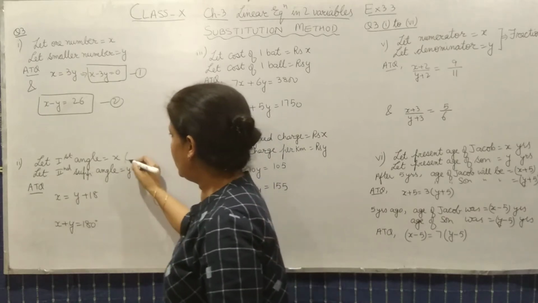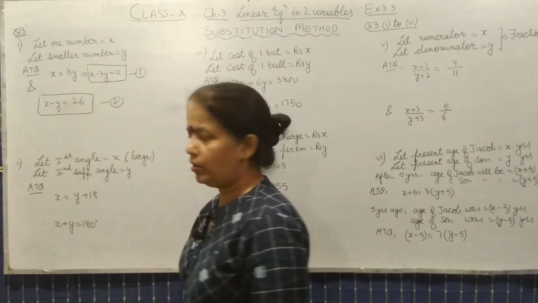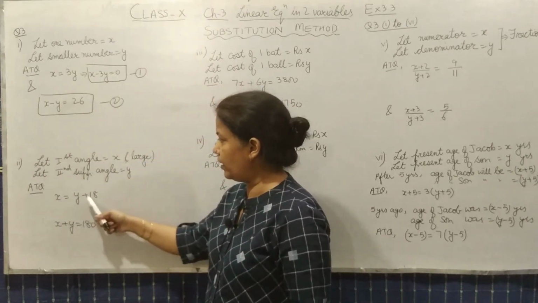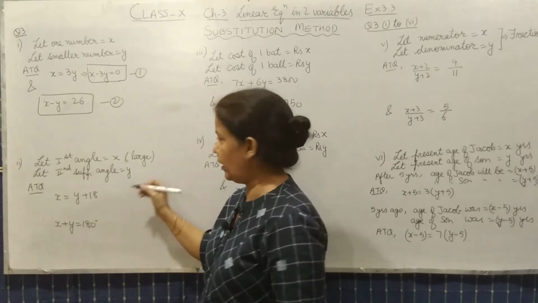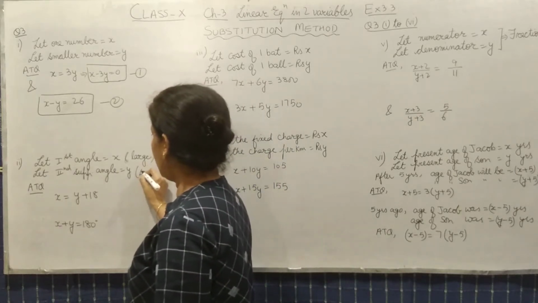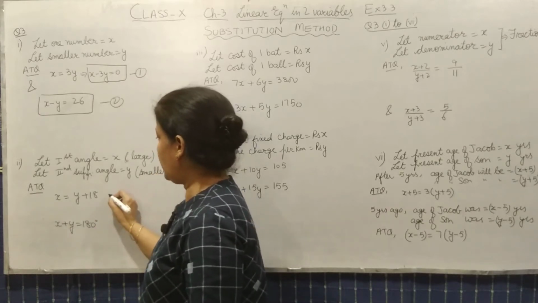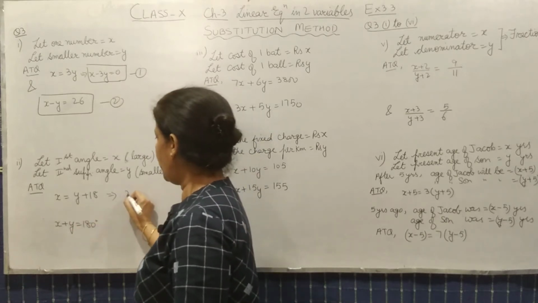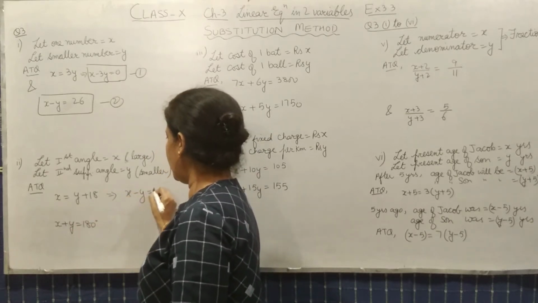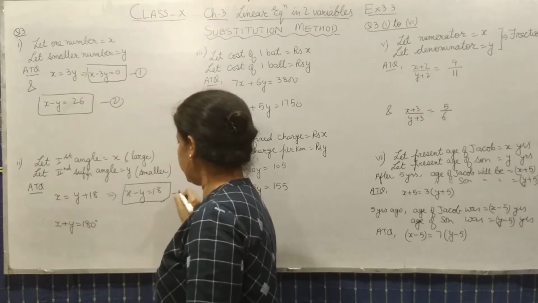The larger angle is 18 degrees more than the smaller angle, and this we assume as the smaller angle. So from here, x equals y plus 18. Make the linear equation, you will get it like this. So this is the first equation.